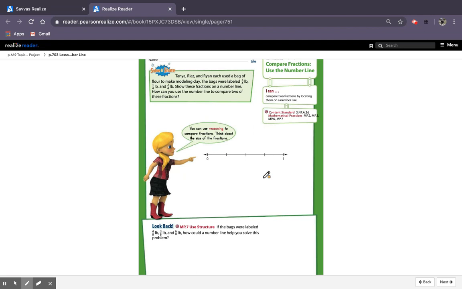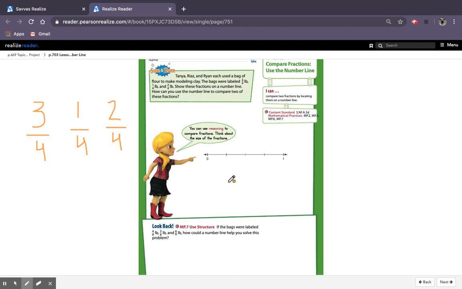Here it says you can use reasoning to compare fractions. Think about the size of the fractions. Our fractions are 3/4, 1/4, and 2/4. What's the first thing that you notice? It's also the first thing I notice: they all have the same denominator, which is 4.